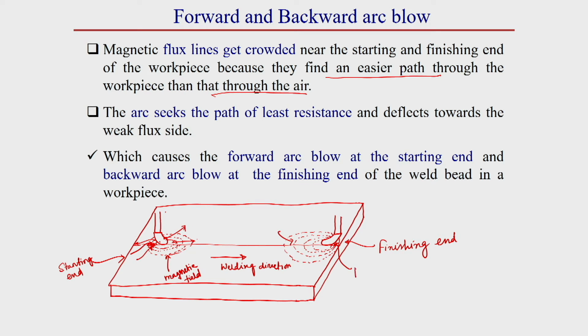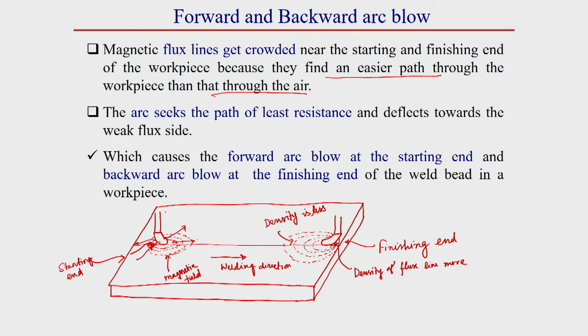The density of magnetic flux lines is more here and here the density is less. So, due to this, generally the arc deflects toward the less dense region, where the density of the flux line is less. In that direction the resistance will also be less. If the density of the flux line is more, there the resistance will be more.